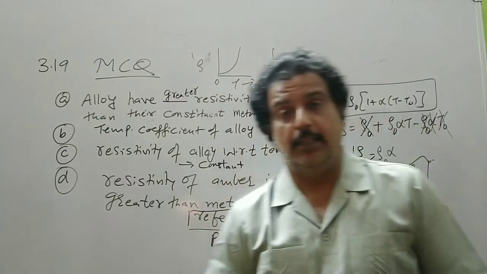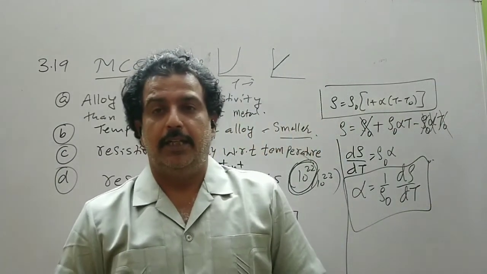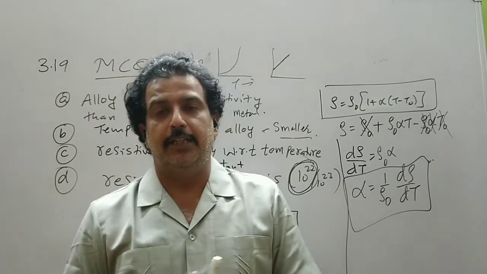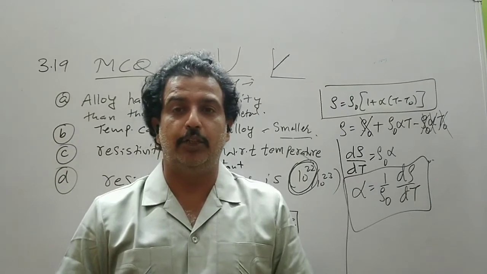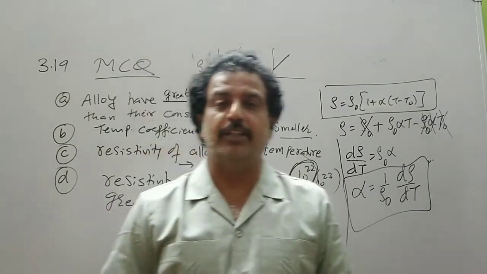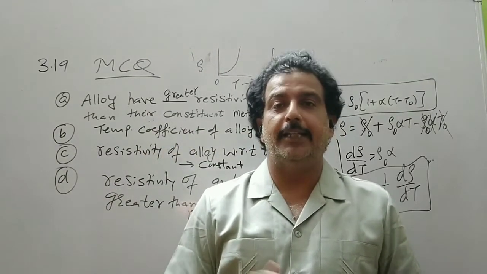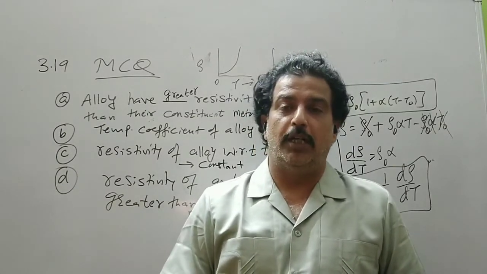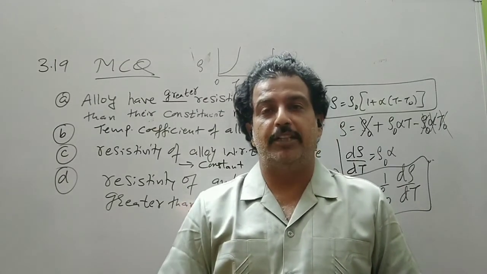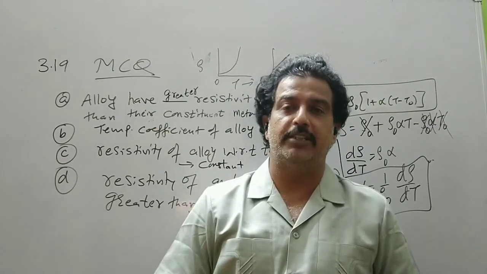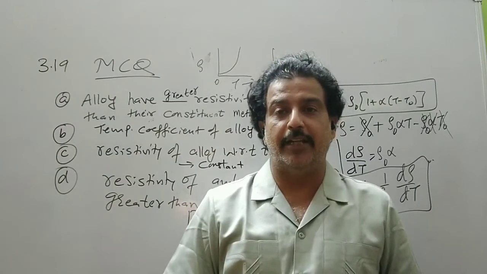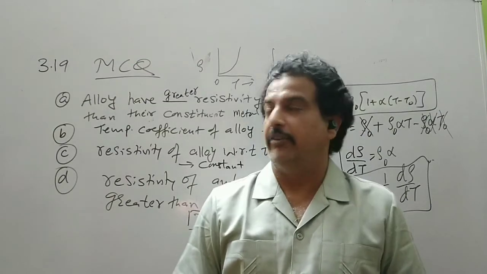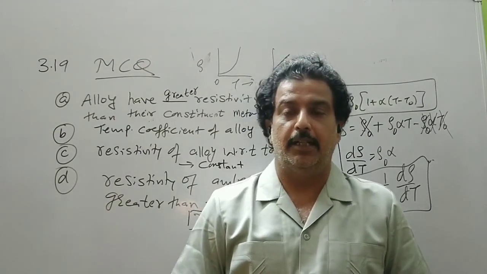So this is what we have for today's topic, where we did the numericals related to the temperature dependence of resistivity or the heating effect. So the concepts of the formula for temperature dependence of resistivity or temperature dependence of resistance and the heating effect of an alloy or the conductors were discussed with the help of these numericals.